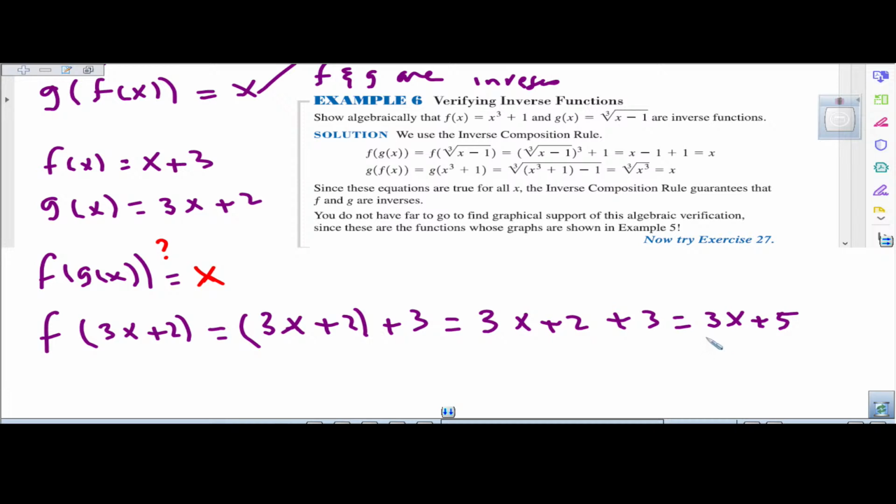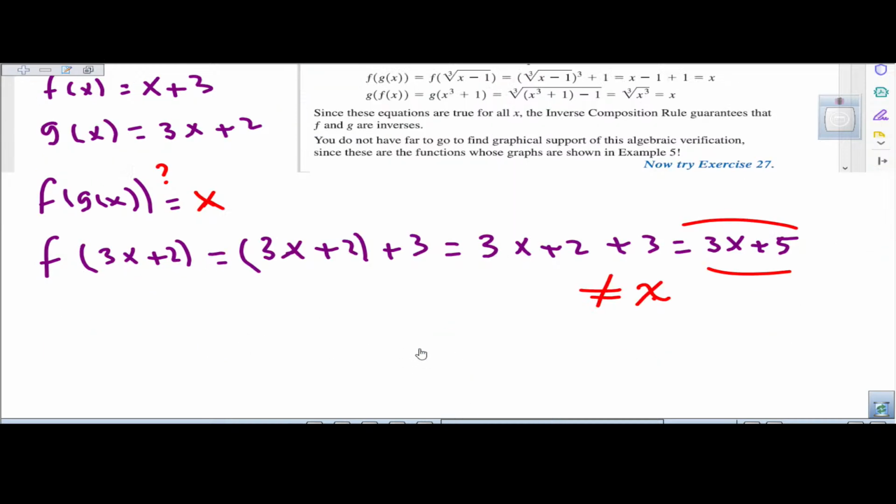And right off the bat, does this here look like an x to you? No, it doesn't. It's not equal to x. Then I pause here. I don't have to continue. I don't have to check the other side, which is g of f of x.